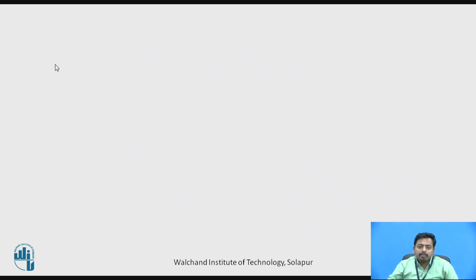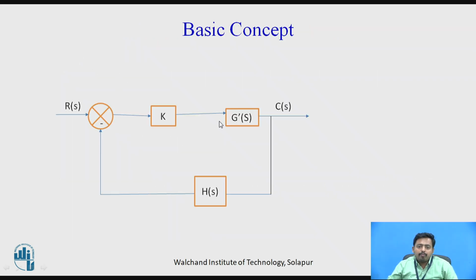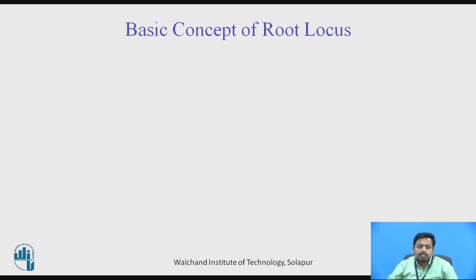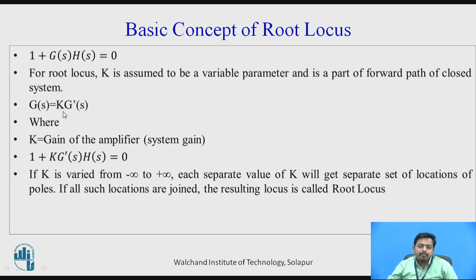Now, if we go to the previous slide, G of S is a combination of this controller gain K and G dash of S. That means we multiply the K block by the G dash of S block to get the transfer function G of S. So, replacing G of S by K into G dash of S, we get 1 plus K into G dash of S into H of S equal to 0.